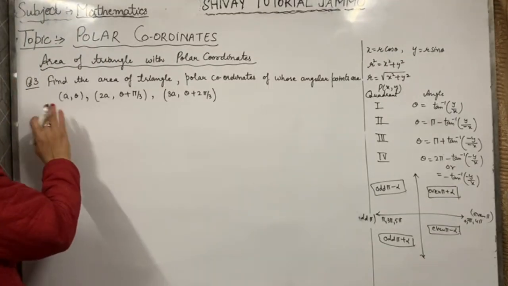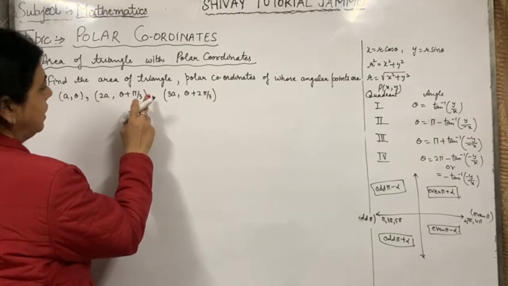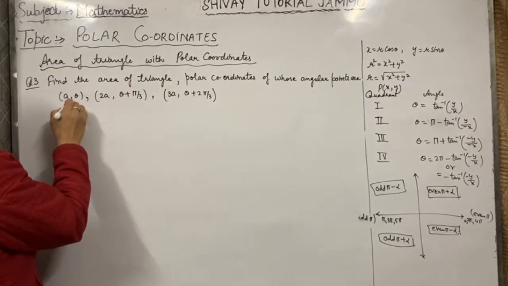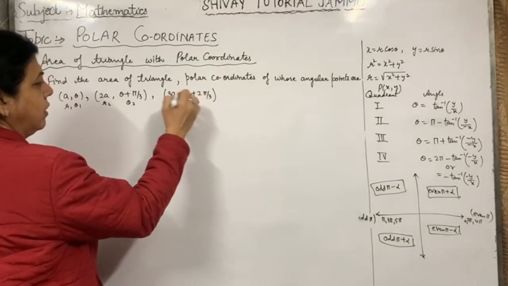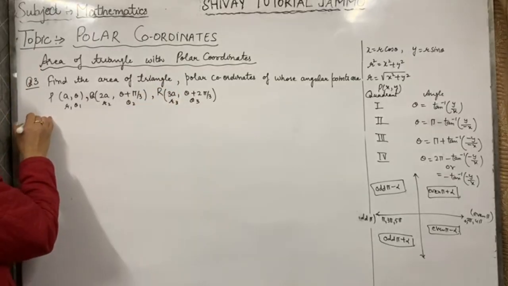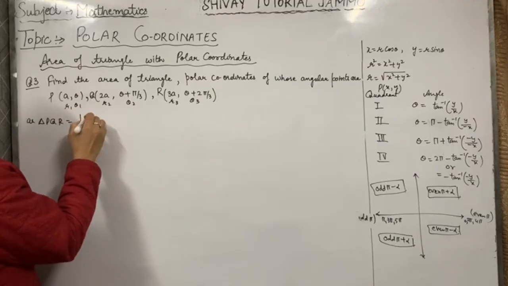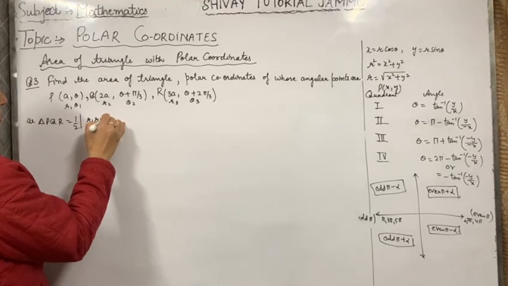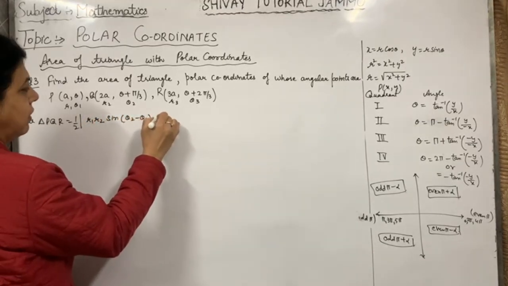Next, we will take the points according to angle. This is smaller, then this is larger, and this is the largest angle. Clear? Then this is r1 theta 1, r2 theta 2, r3 theta 3. This is P, this is Q, this is R. The area of triangle PQR: firstly, we will find the area of triangle POQ, which is r1 r2 sine of theta 2 minus theta 1.